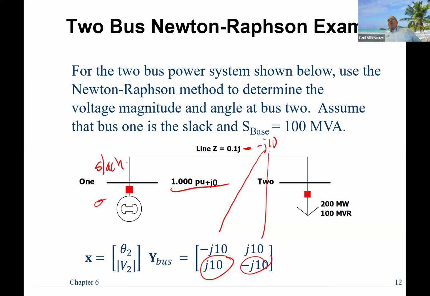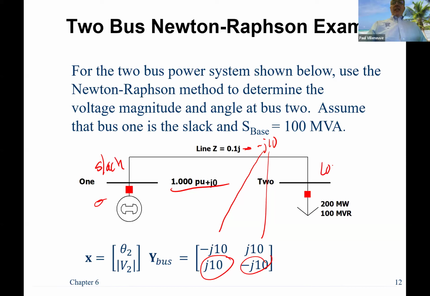How about bus 2? Anybody think it's a slack bus? How about a gen bus? Is there an S on bus 2? I don't see an S. I see P and Q. That means it's a PQ bus, which means it's a load bus.